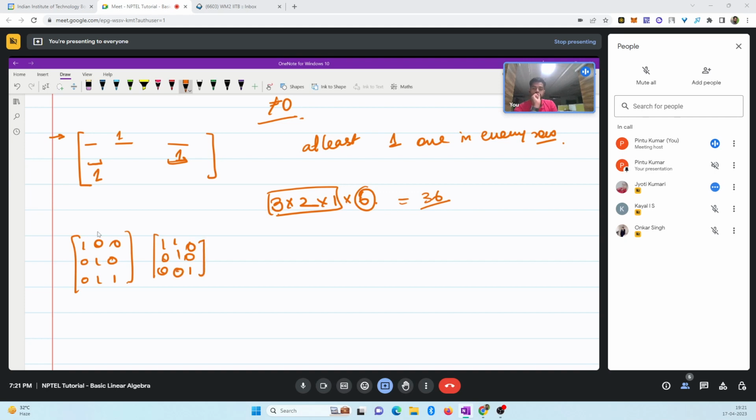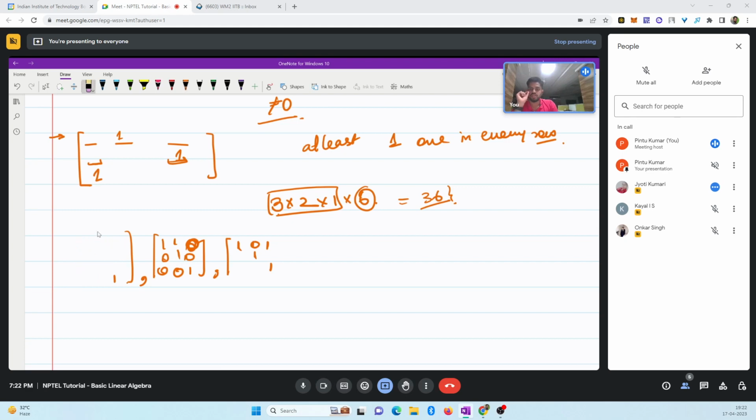This is also invertible, right? If you just look at the row reduction, you can't reduce it further, so this is also done. I don't think it would be 36, it would be less than 36, but definitely more than 7.